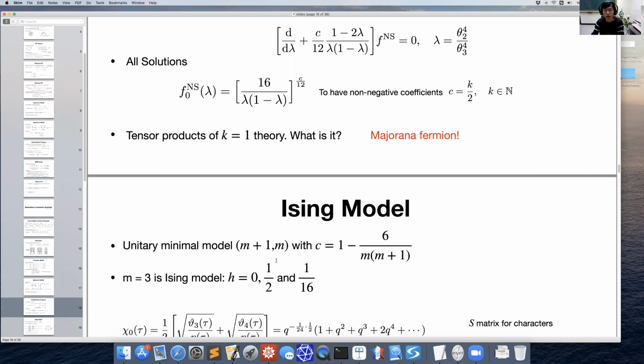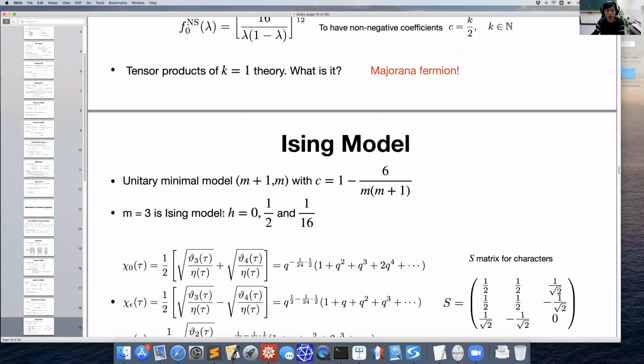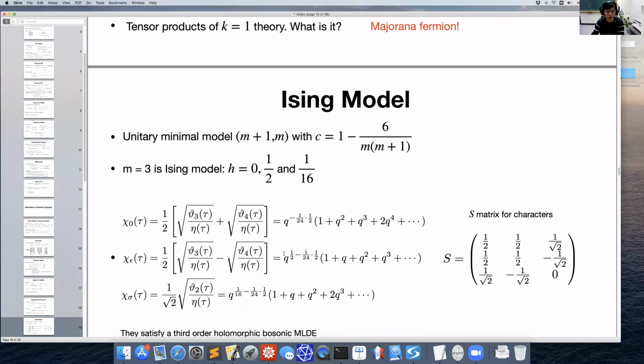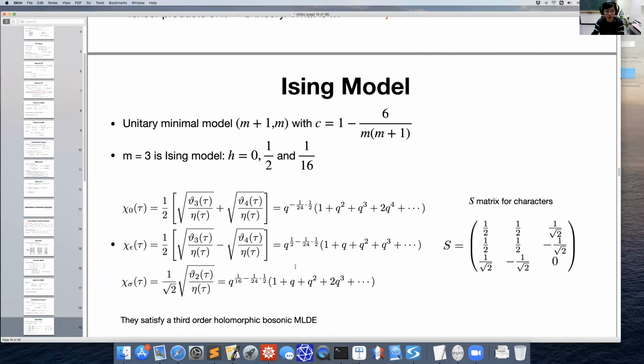So I label by a single integer m. In particular, m equal to 3 is the Ising model, which describes the critical point of the Ising model, with 3 conformal weights. Here I write down the expression for the 3 characters, and I also show you the S matrix for this.